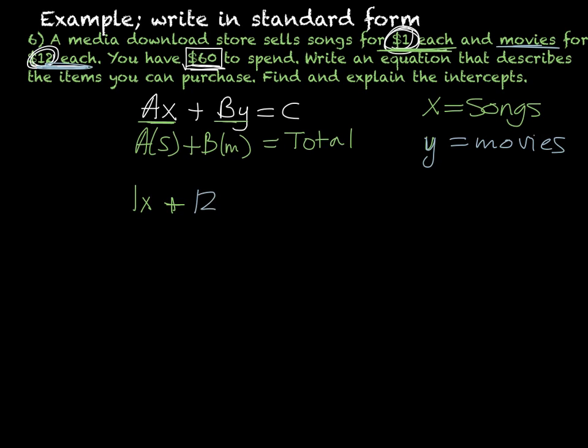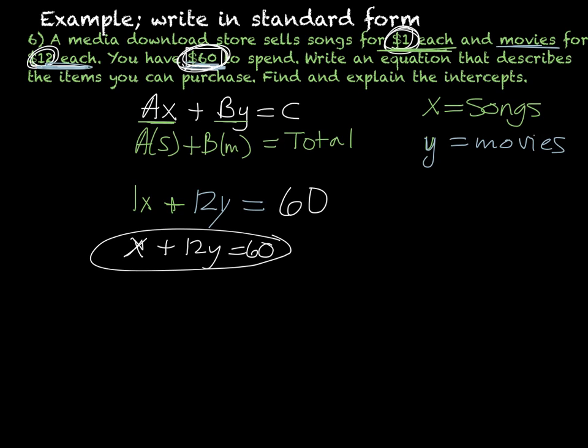So 12y equals my total. You have $60 to spend, so equals my total, which is 60. So my standard form equation is actually x plus 12y equals 60.